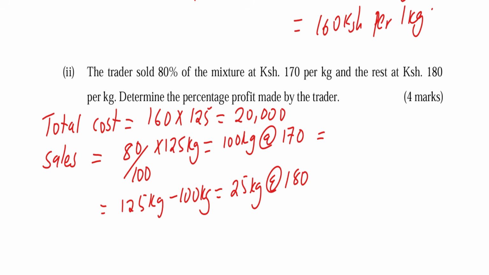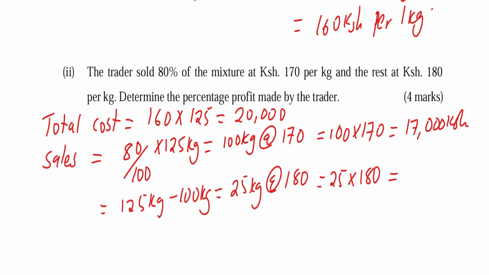So you just take 100 kg multiplied by 170 shillings to give you 17,000. That's what he gets from that 100 kg. And you take 25 kgs times 180 shillings, and let's see how much you get from that. It gives you 4,500 shillings.